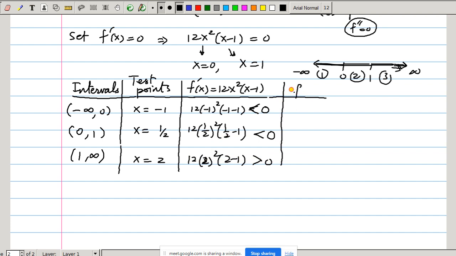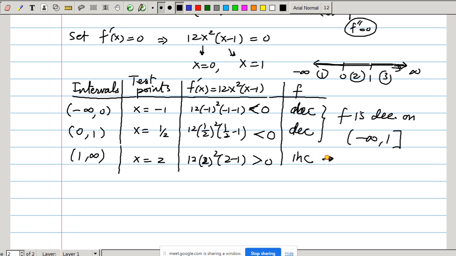So at the end, I can write f decreasing here, it's negative, again decreasing here, and increasing here. Now I can combine these two intervals because they are both decreasing. So f is decreasing on minus infinity to 1, and f is increasing on 1 to infinity.